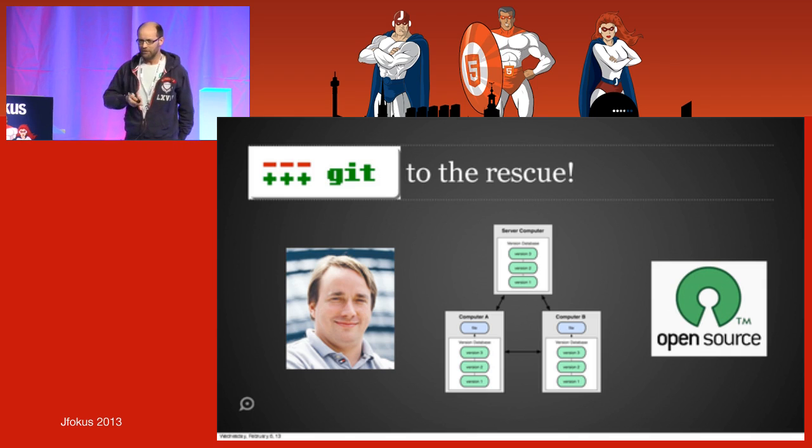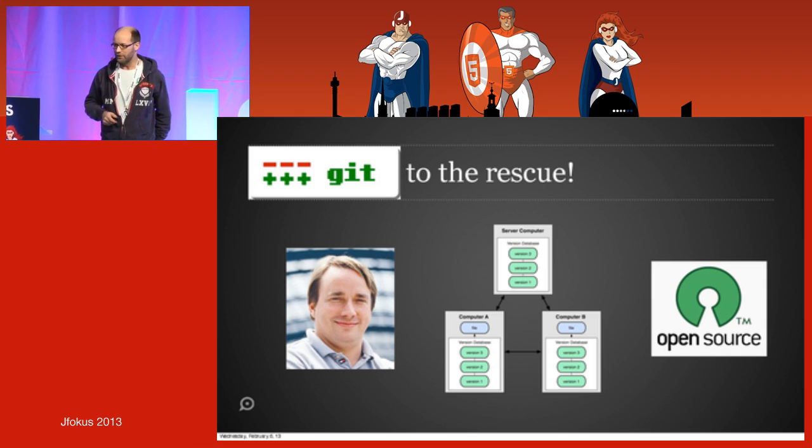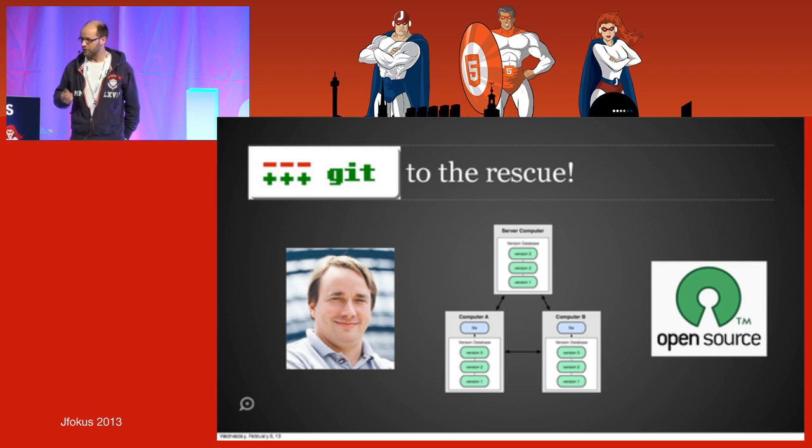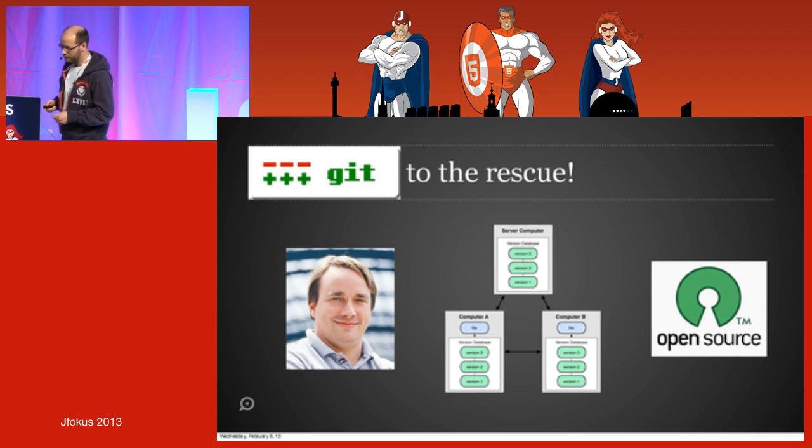It's been gaining use in a lot of different projects, especially open source, but a lot of commercial software developers are using it as well. And we were very happy with it. So a while back we realized that Git could also be used to distribute software, not just source code, and help us with the issues that we were seeing.